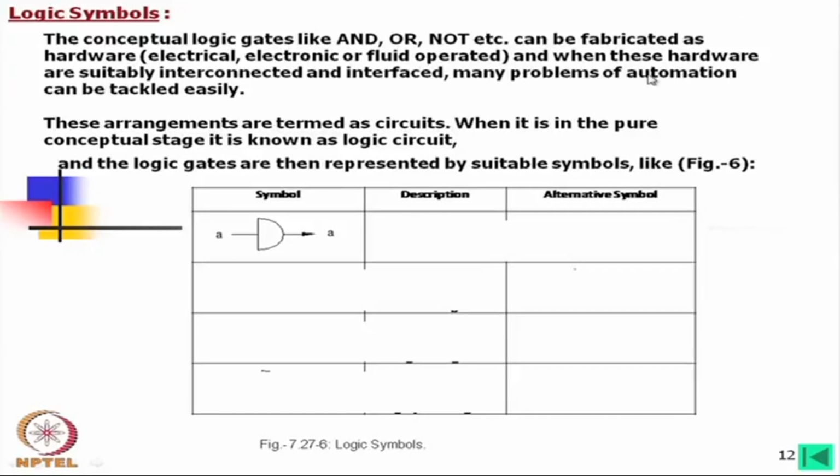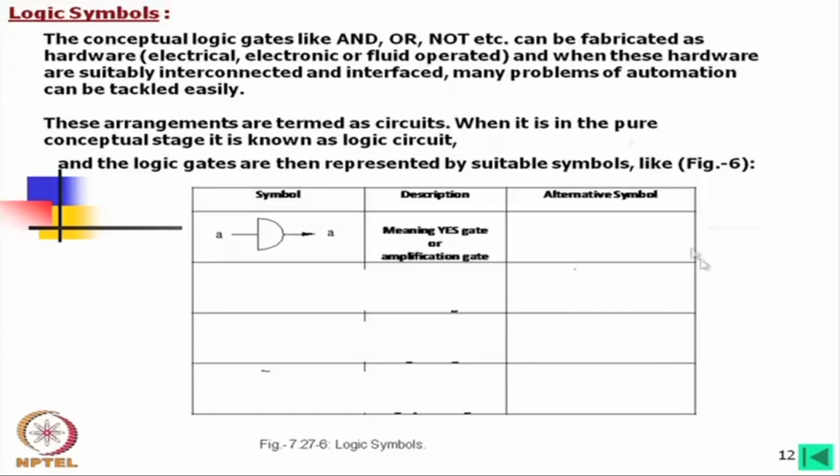Now, let us see the logic gates and their symbols. This symbol is like a capital D. Look at this symbol carefully. One simple line is coming from left to right, and this line with an arrow we should consider as output, whereas this is input. What is it doing?